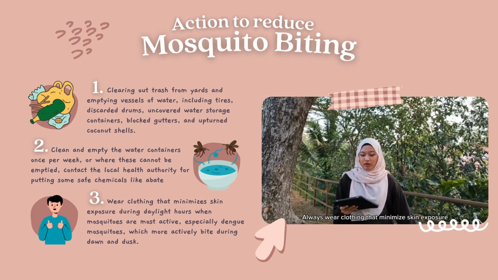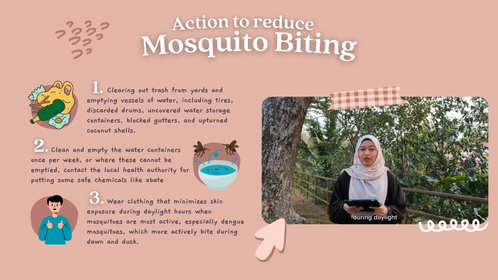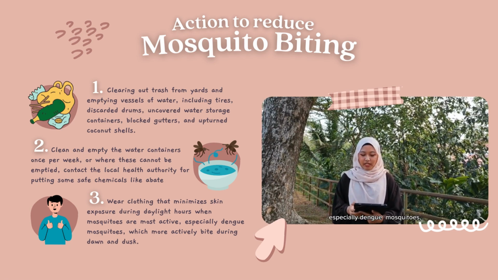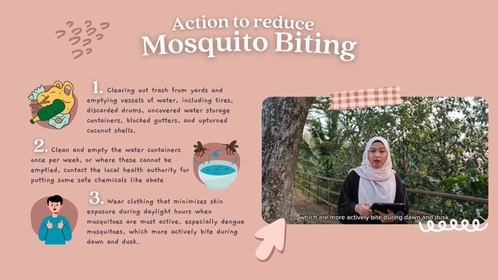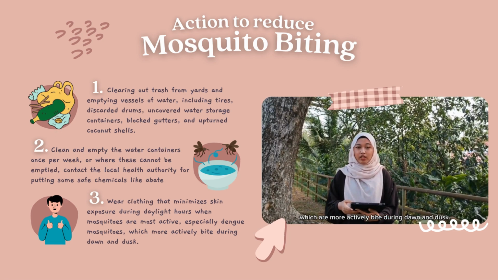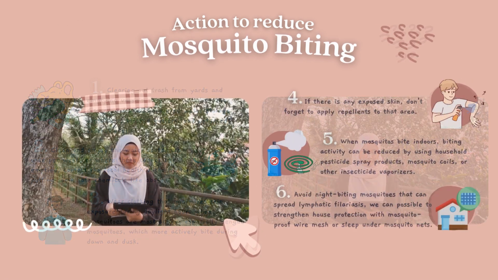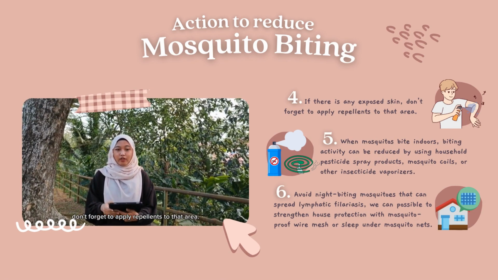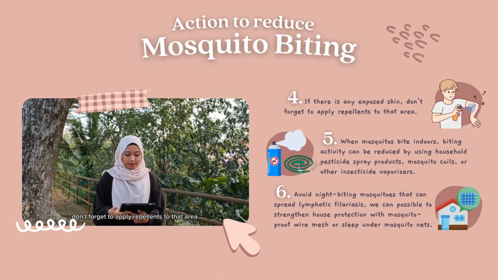Always wear clothing that minimizes skin exposure during daylight hours when mosquitoes are most active, especially the dengue mosquito, which is more active during dawn and dusk. If there is an exposed area, don't forget to apply repellents to the area.